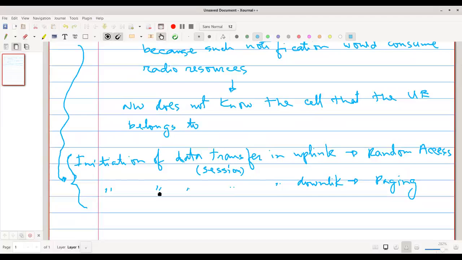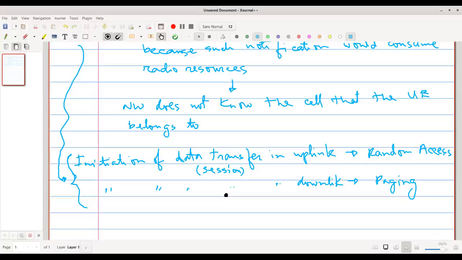So what can be the solution? Both are sort of extreme wastage. So the solution, or the practice, is something in between. The network does not know the cell-wise location, but another level of location, a little larger area, is created, and that is what we have been discussing today.